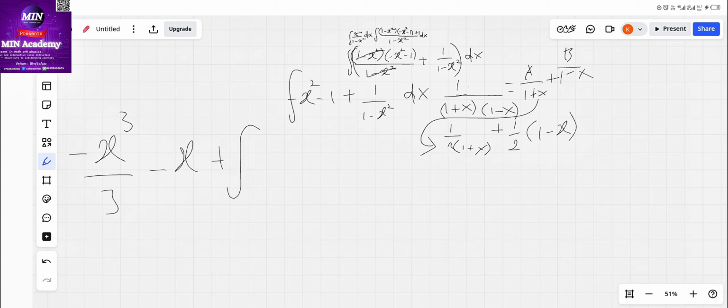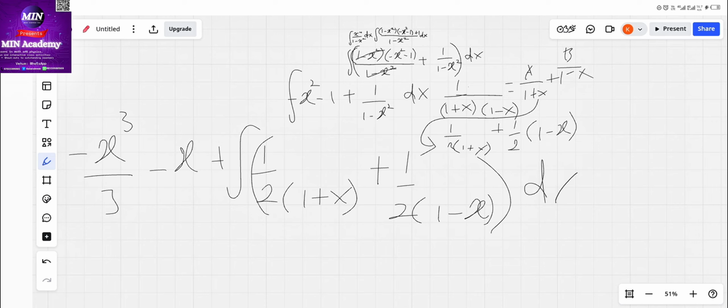Plus the integral of 1 over 2 times 1 plus x, plus 1 over 2 times 1 minus x, with the 1 minus x in the denominator with the 2. Let's zoom in again so there is space for the final answer.